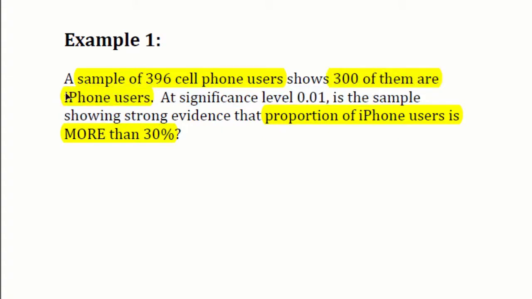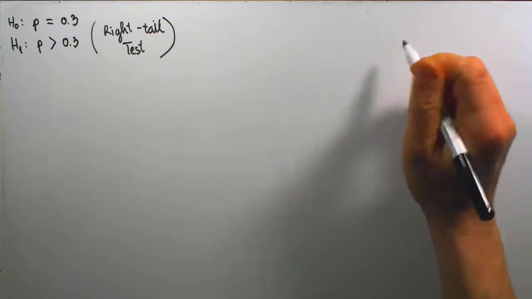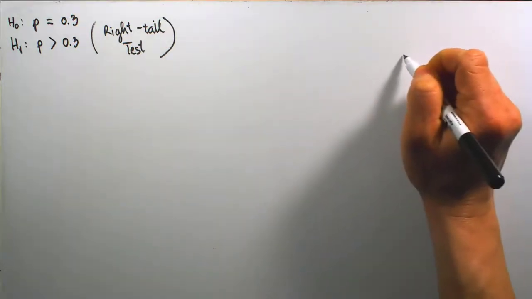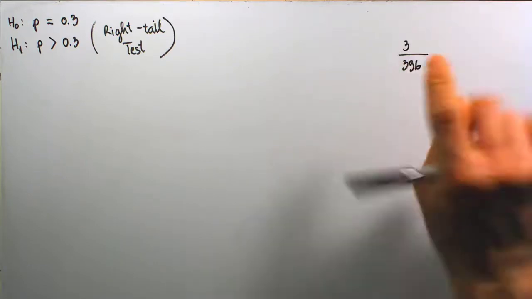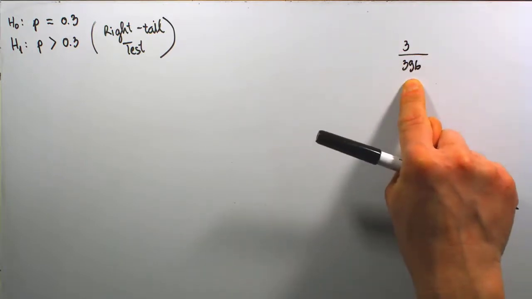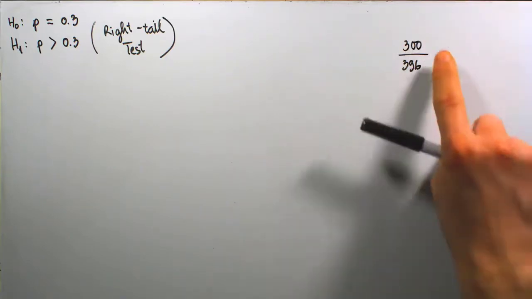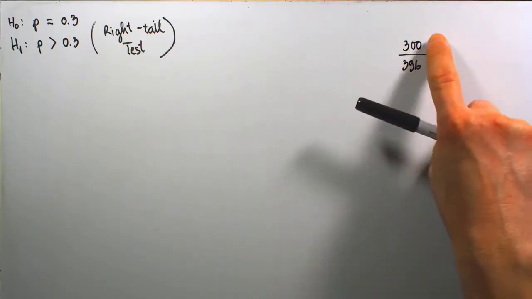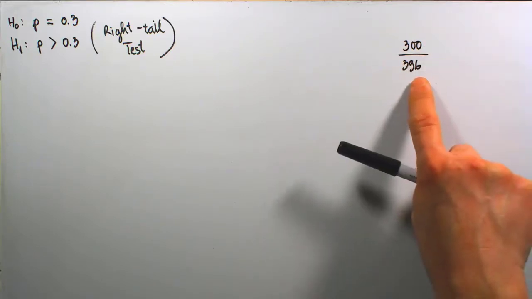So immediately from this, as a quick little scratch work, I can have the following. Out of 396, which is the number of all cell phone users in our sample, I have found 300 of them being iPhone users. So this is the count of iPhone users existing in our current sample.